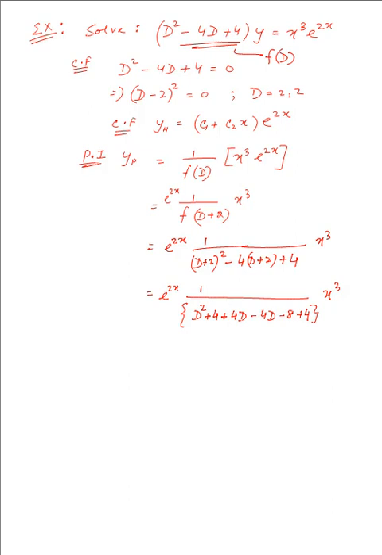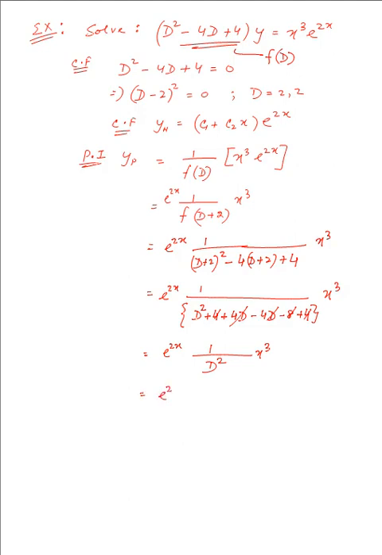So the 4 and 8 cancel out, the 4D cancels out. It's a fairly easy one. So we have 1 over D squared acting on x cube, and as I mentioned, this is just the integration form, taking the inverse operator instead of the derivative.